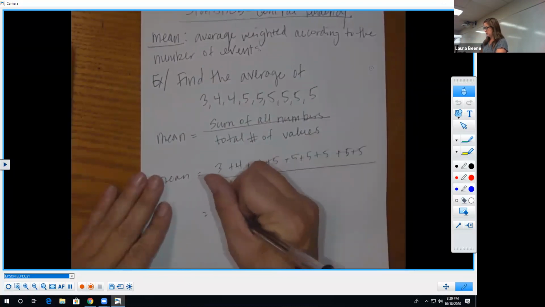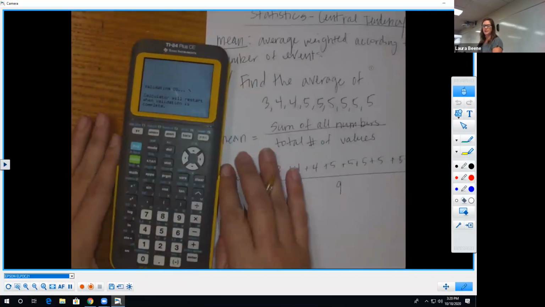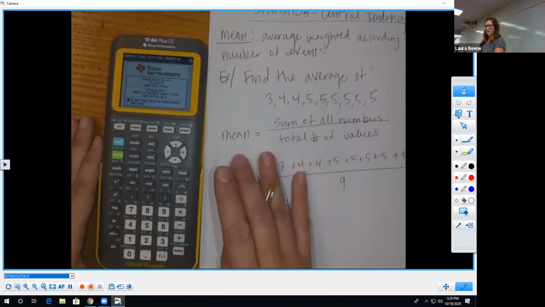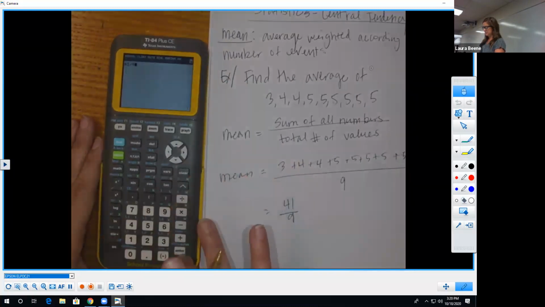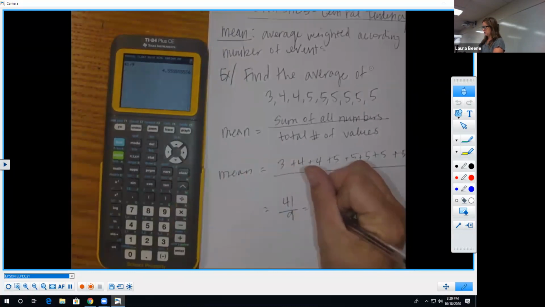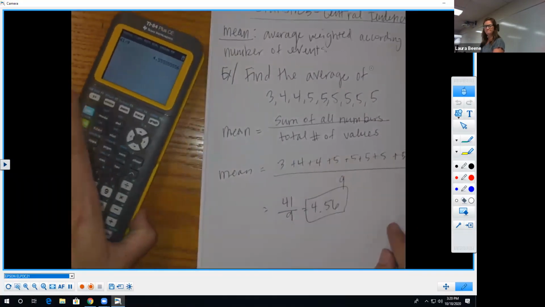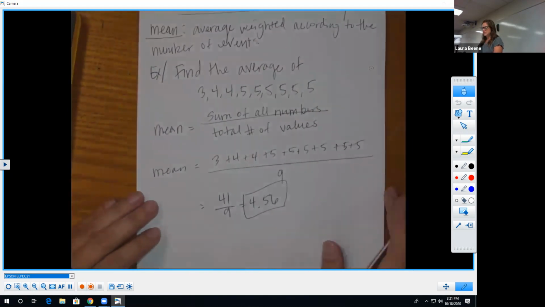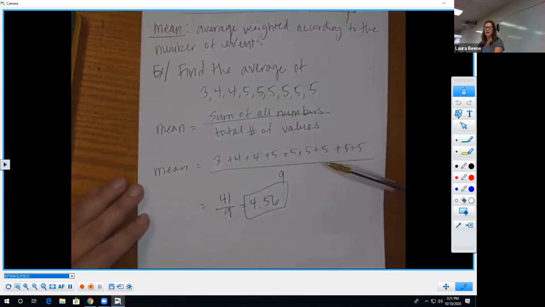So this would be 41 divided by 9. On my calculator I get 4.56 if I round it off. That is the way to find the mean or the average.